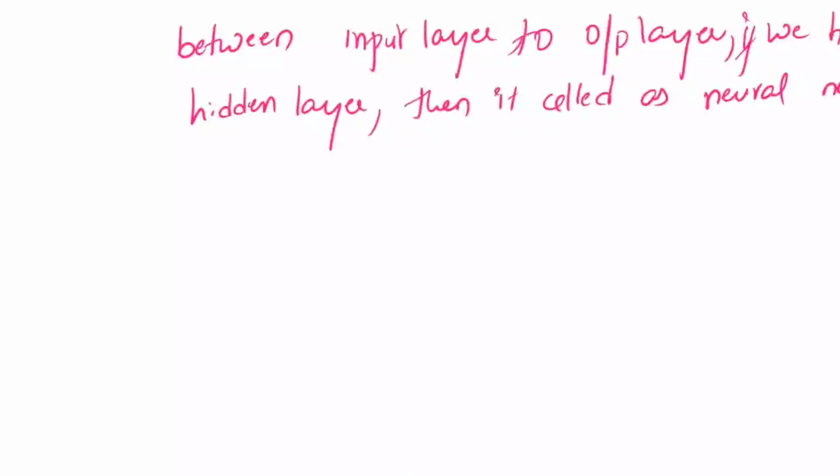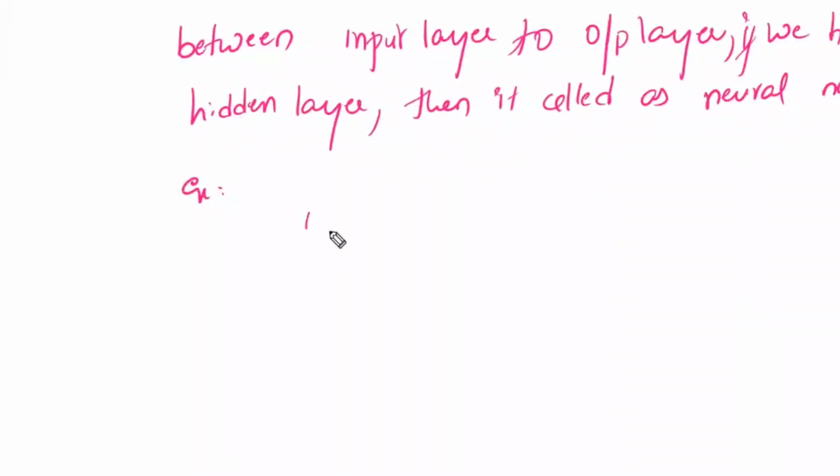Artificially created, so it is called an artificial neural network. Between input and output layers, if you have a hidden layer, one more layer of neurons, not directly connected but indirectly connected to each other, then it is called a neural network.